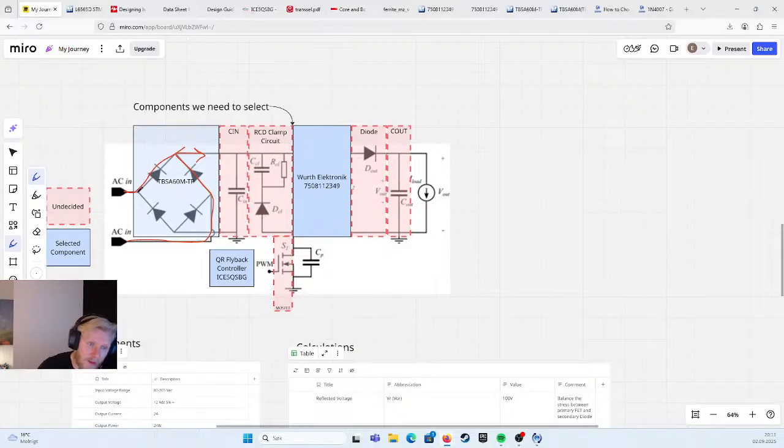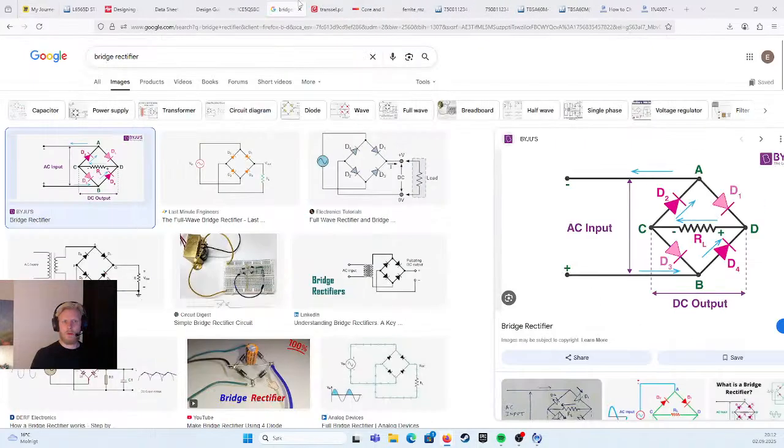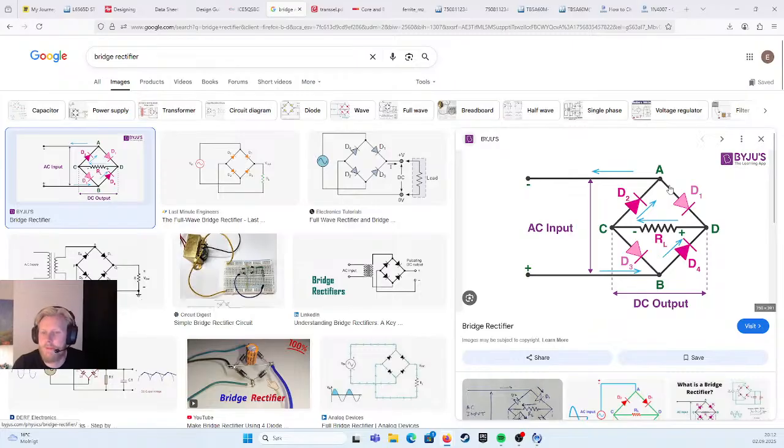And when it's negative here, we need to learn this.